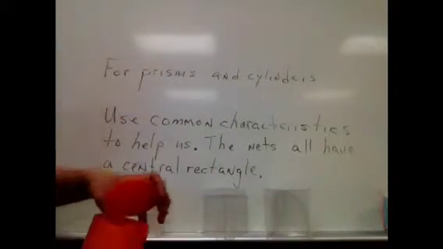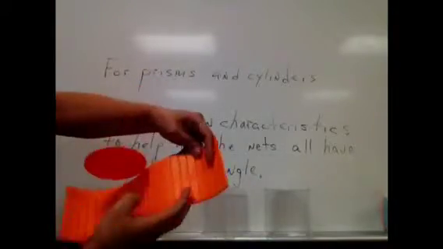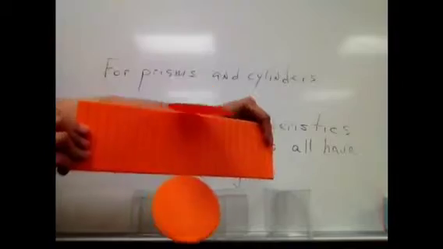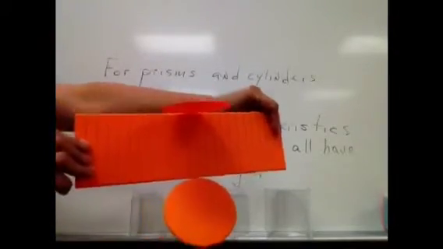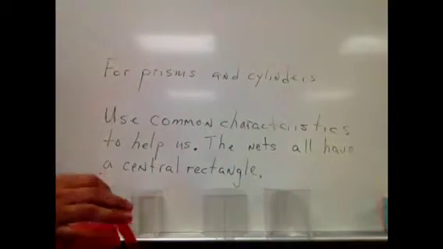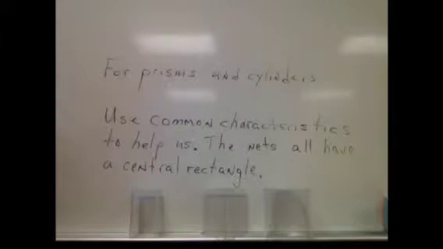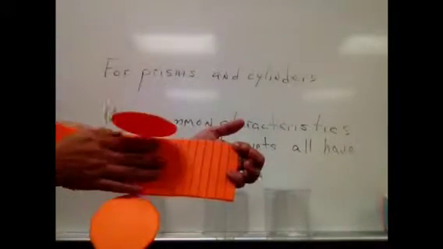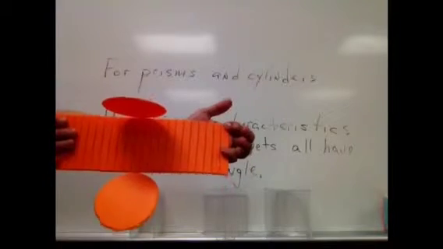We've got a central rectangle when we look at it. All of them have a rectangle right in the middle, between our bases. We're going to use that characteristic to help us find the total surface area. First, we're going to find the area of the central rectangle.